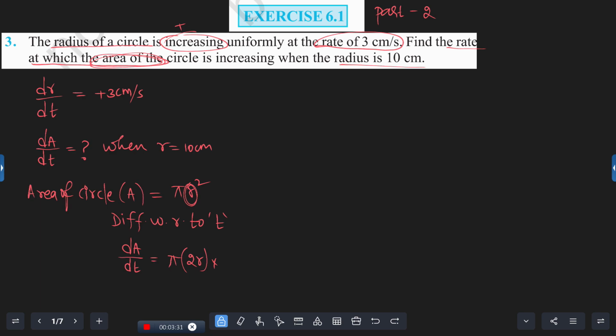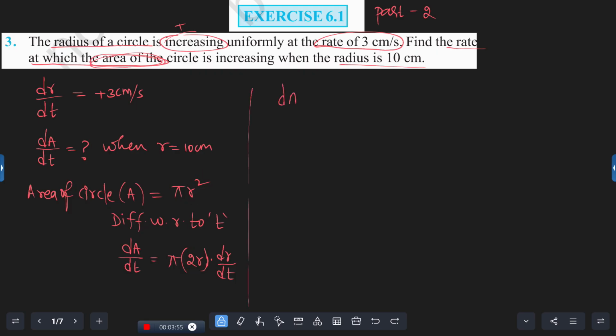Again r when I differentiate with respect to t, you will be getting dr divided by dt. So first the power when you differentiate 2r, then r when you differentiate dr by dt. Understand? Be careful. Now whatever the values you have, you just substitute, you will be getting the required.